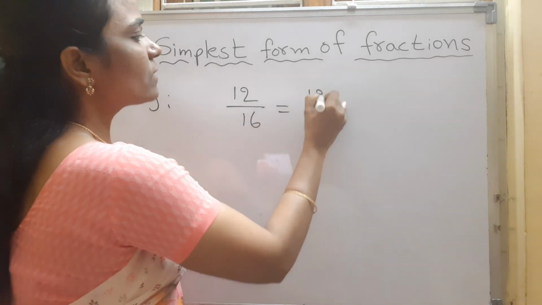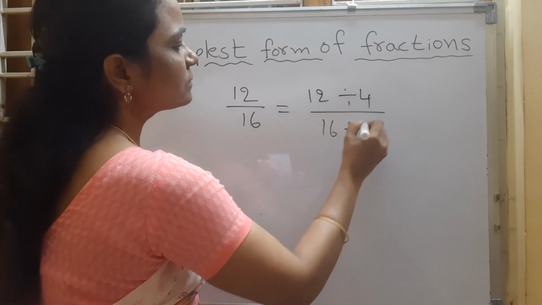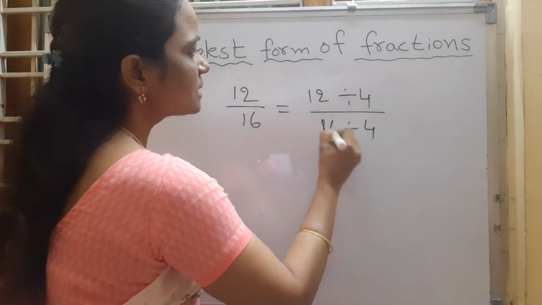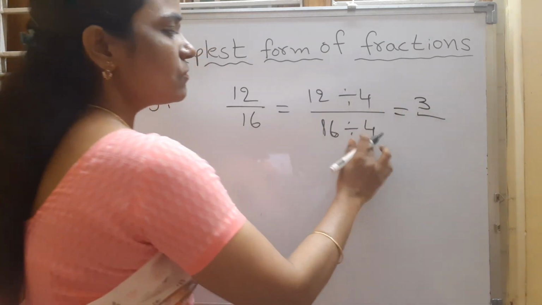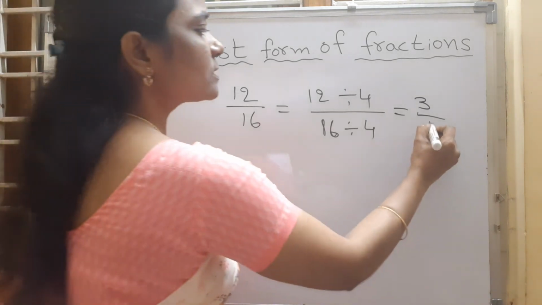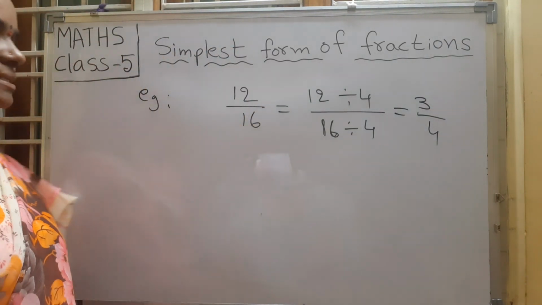So divide 12 divided by 4, 16 divided by 4. What is the answer? 12 divided by 4 means 4 3s are 12. 16 divided by 4 means 4 4s are 16. 3 by 4 is the simplest form of 12 by 16.